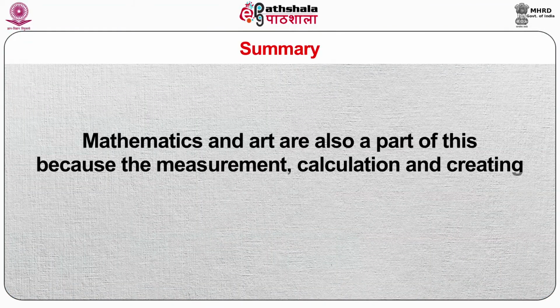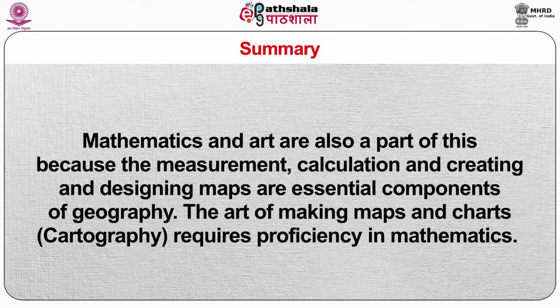Components like botany, geology and ecology are also attached with geography. Mathematics and art are also a part of this because measurement, calculation and creating and designing maps are essential components of geography. The art of making maps and charts requires proficiency in mathematics.